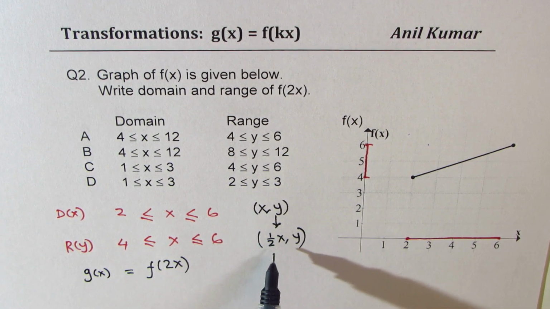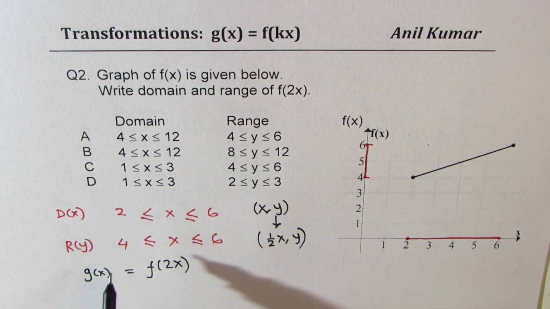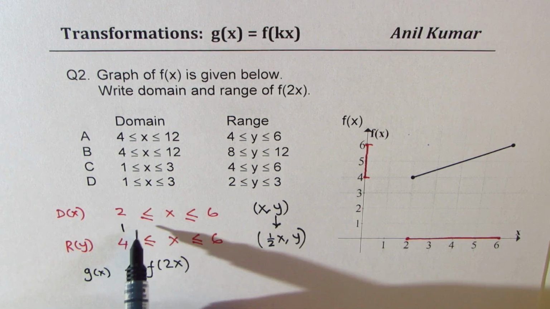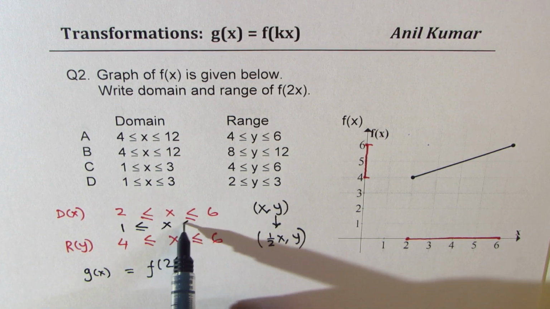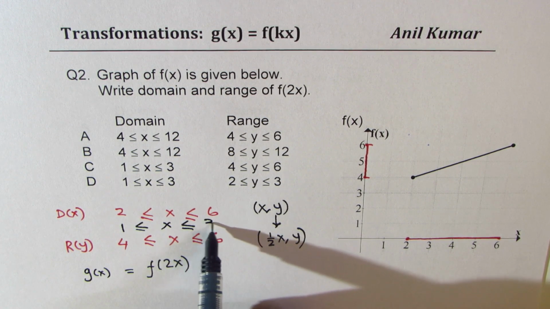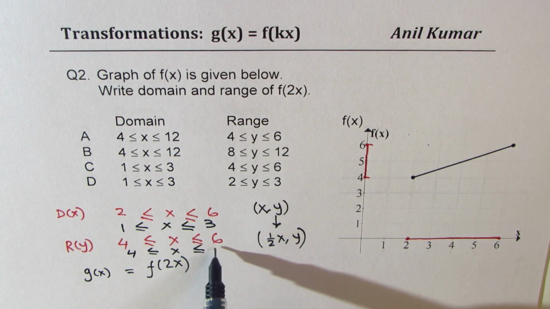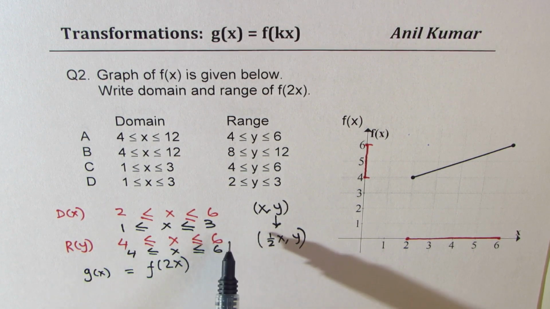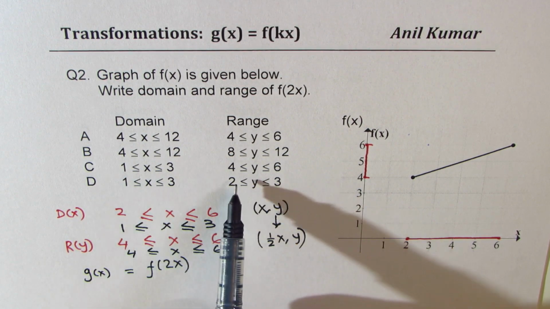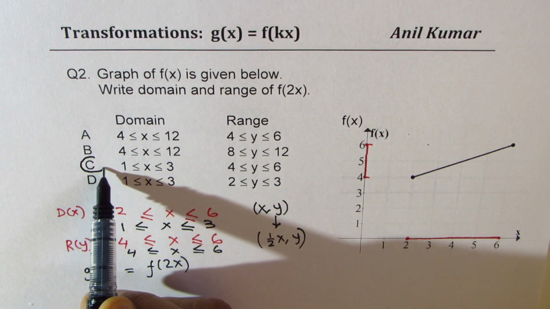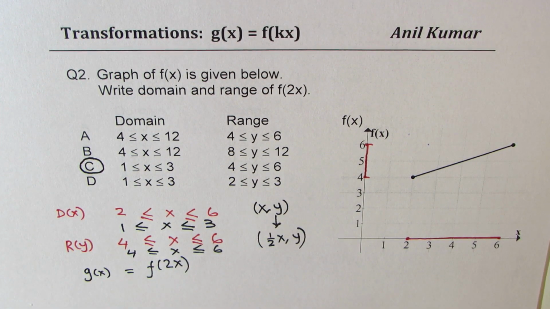So we can apply this transformation right there. Half of x will be, half of 2 is 1. So x values will now be between 1 and 3. Y values will remain the same, right? So that's what we are looking into. So 1 and 3, y values remaining the same between 4 and 6. Option C is the right option, right? So I hope you got the concept, correct?